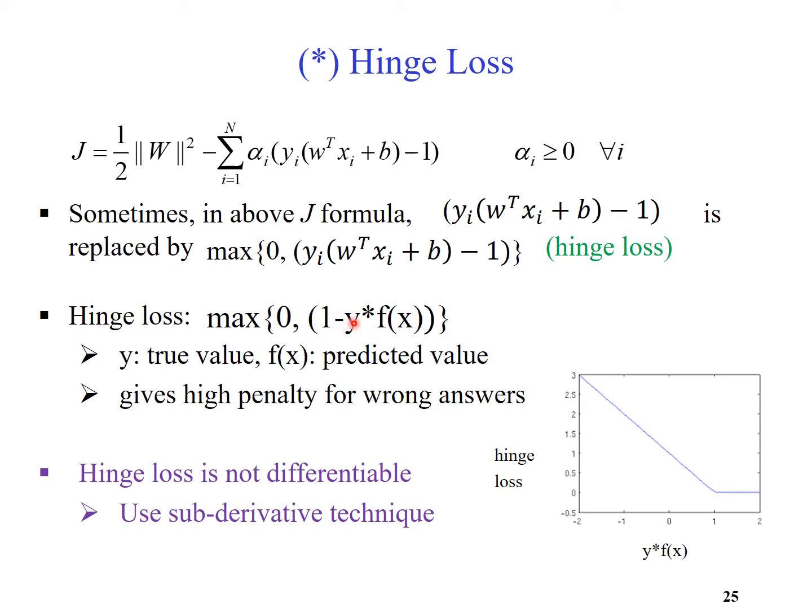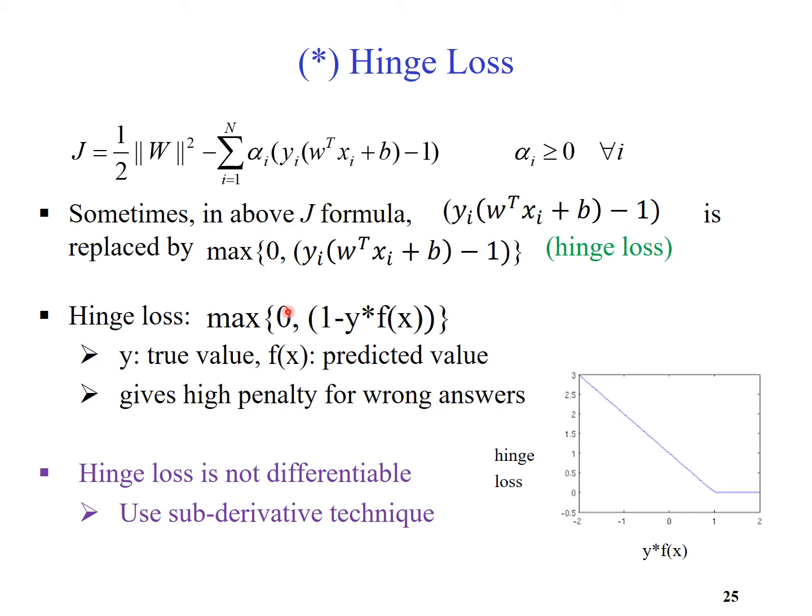Let me repeat this: suppose y equals 1 and the prediction is correct, then f(x) is greater than or equal to 1, so that makes this part negative. Hinge loss chooses the maximum between 0 and this negative number, so it returns 0. That's why if the prediction is correct, hinge loss returns 0.